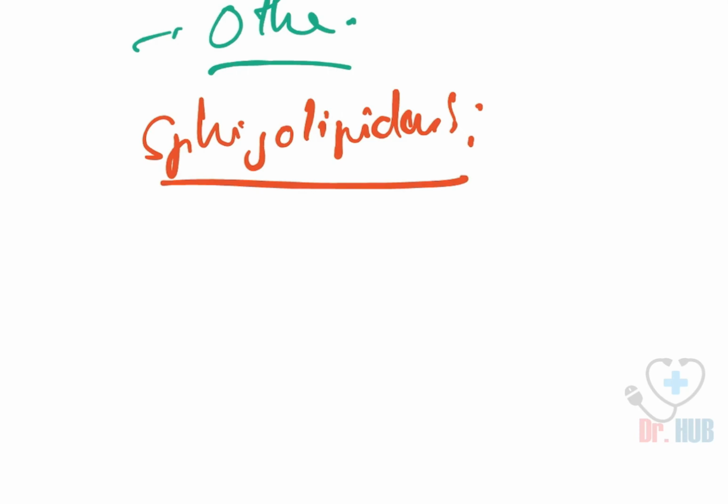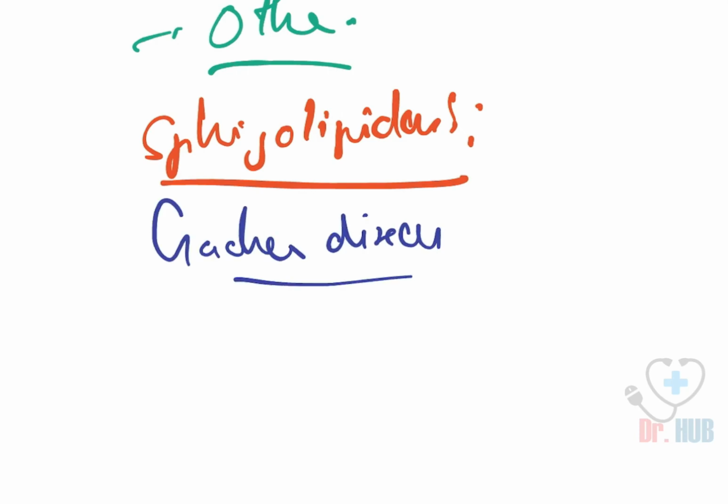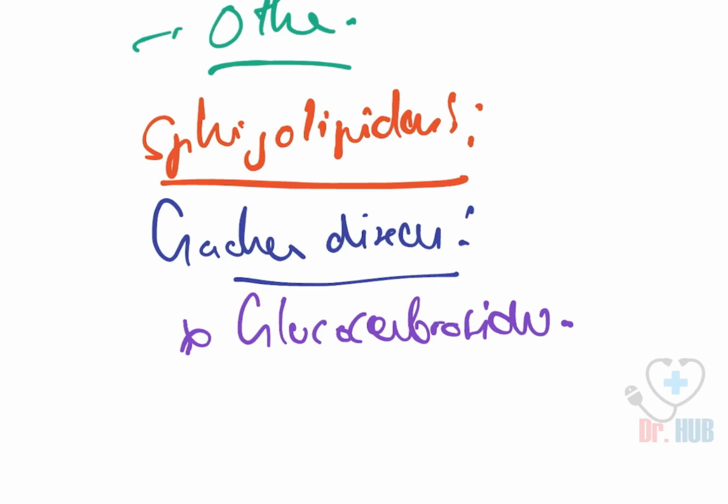So the sphingolipidosis has Gaucher's disease. In Gaucher's disease, the enzyme defect is glucocerebrosidase. Then comes Tay-Sachs disease.